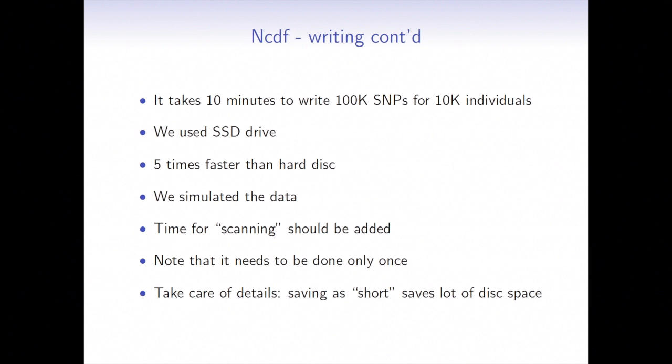But normally what you would need to do, you first scan the block of your MACH file, and then you save those individuals in the object. So you have to add the scanning time in the whole estimation. And like I mentioned, taking care of details, it's very handy, and it can save you a lot of space.